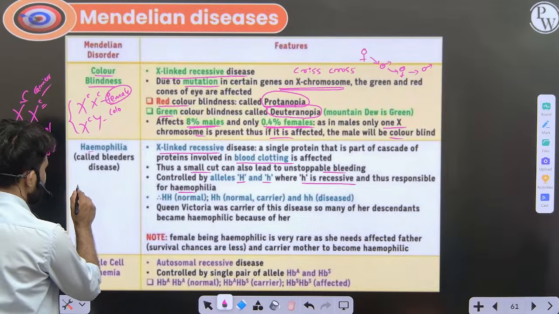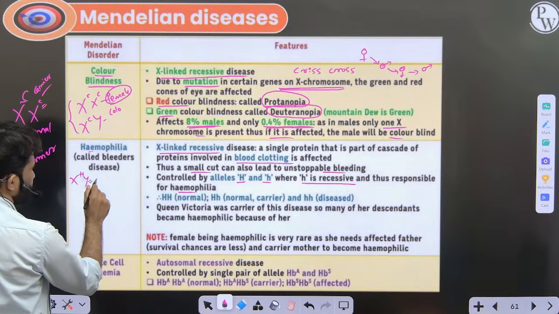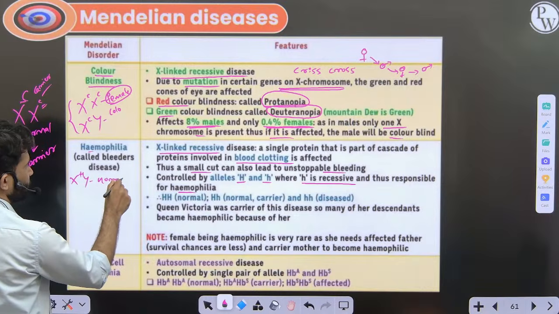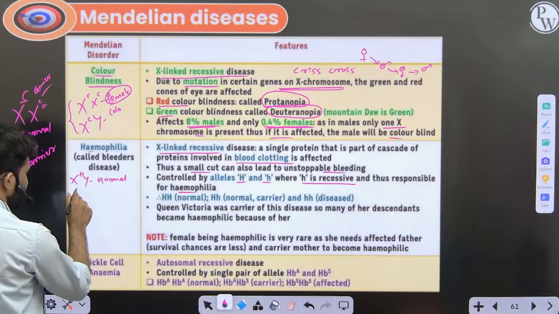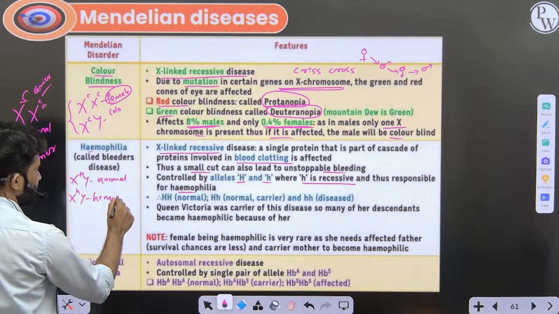What are the conditions here? Parents: X^H Y, normal male, and X^H X^h, a normal female but a carrier, because small h indicates the recessive gene.